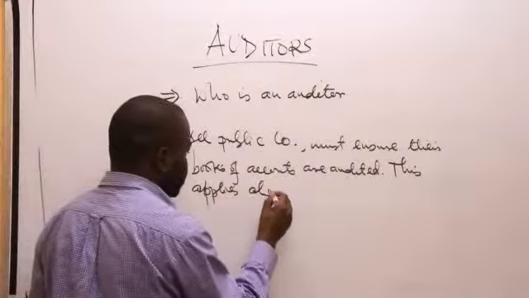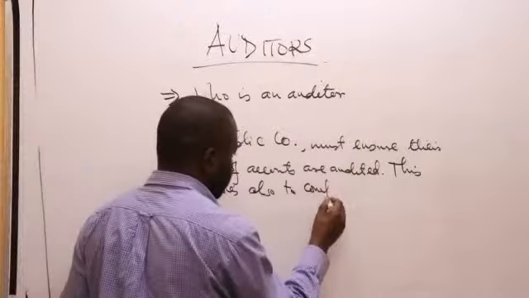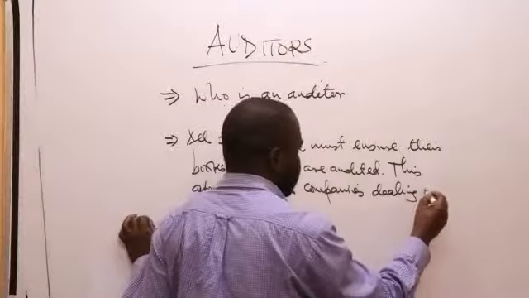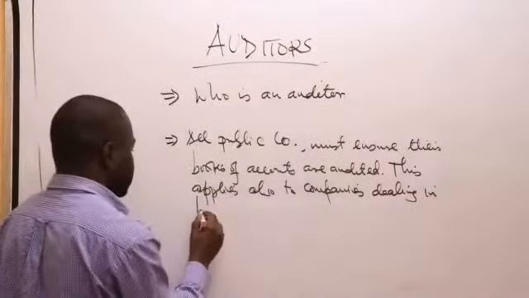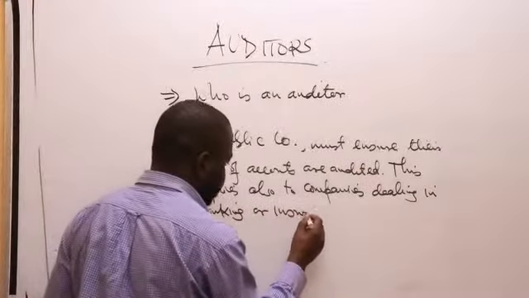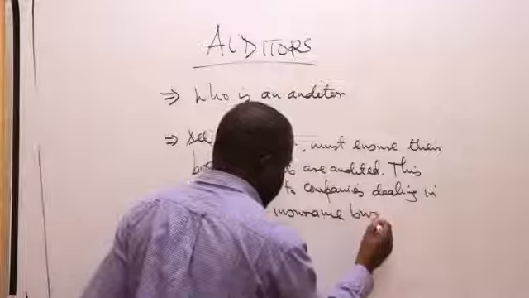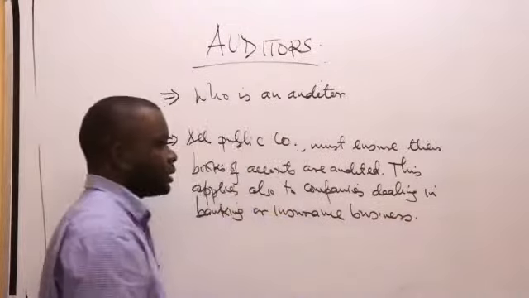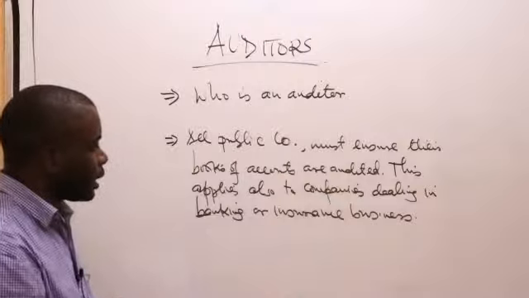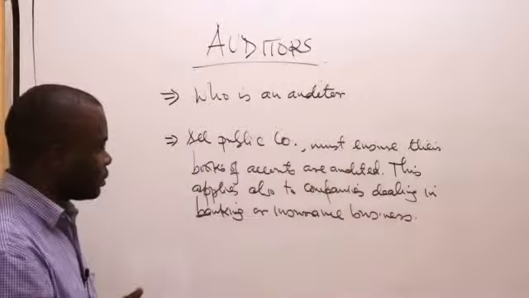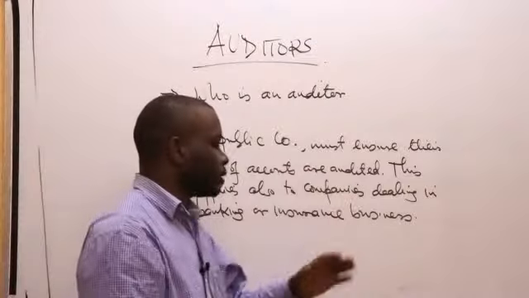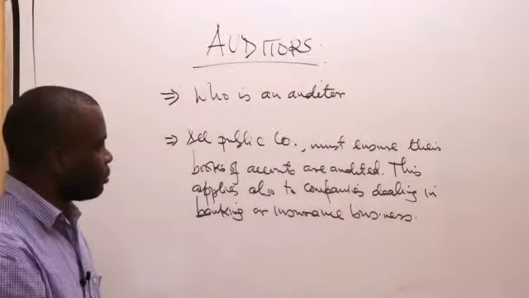This applies also to companies dealing in banking or insurance business. So each and every public company must ensure that its books of accounts are audited, including companies dealing in banking or insurance business. So it doesn't matter.